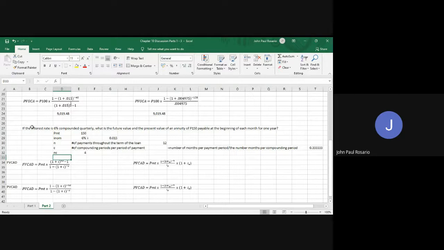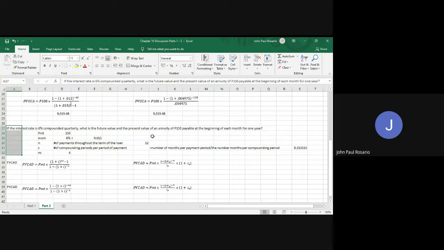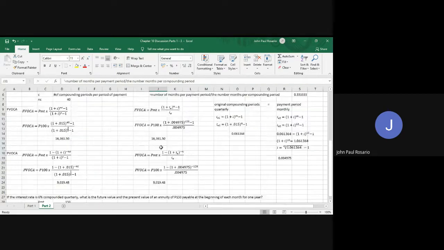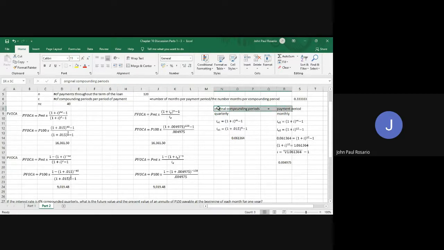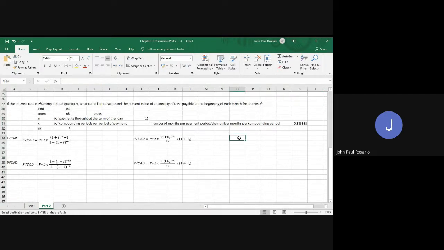Okay. Now, as you can see, guys, this problem has the same C as our ordinary annuity. So with that, our solution for our equivalent interest rate per compounding period will be the same.